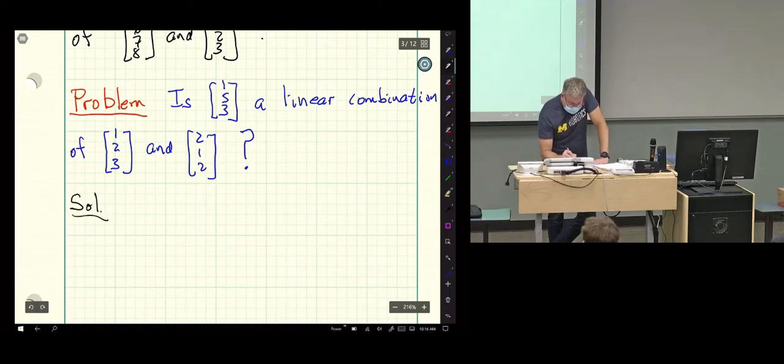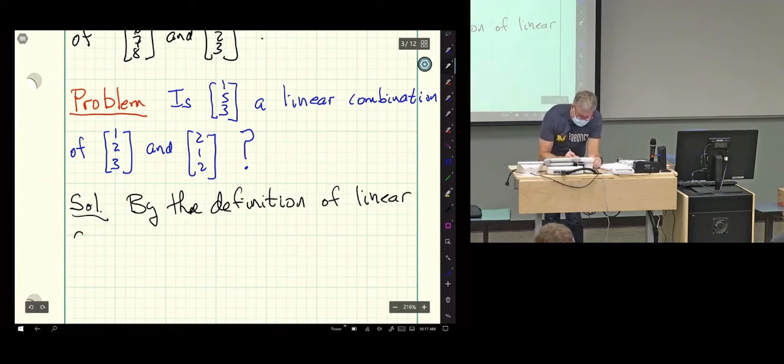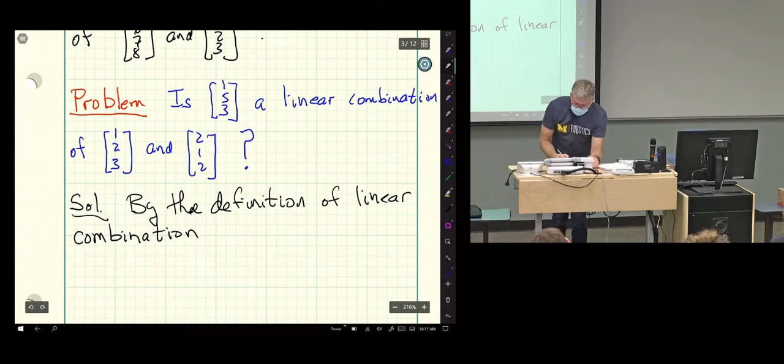So solution by the definition of linear combination. And this is the part that people struggle with in the beginning when they're doing math, is just applying the definition.